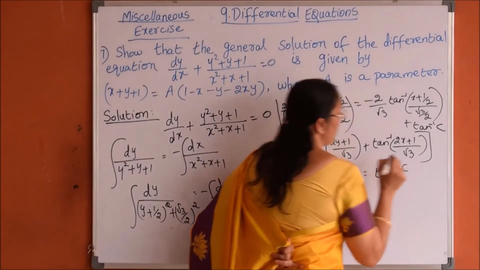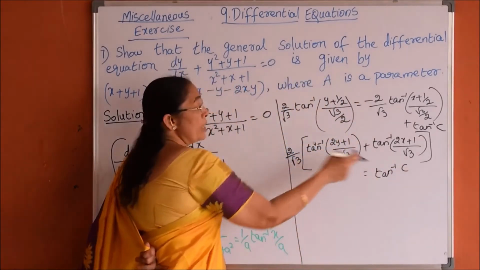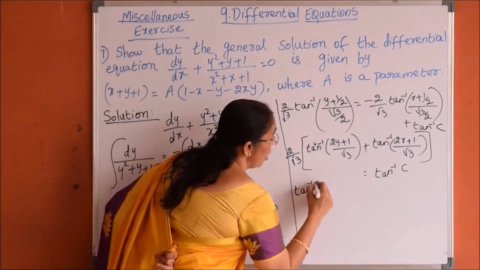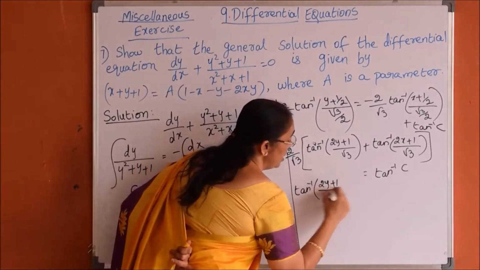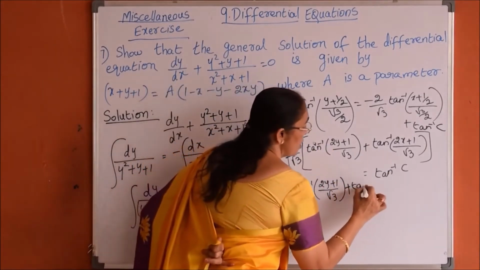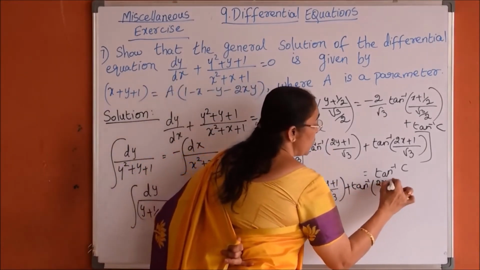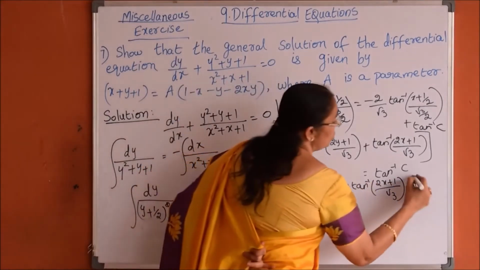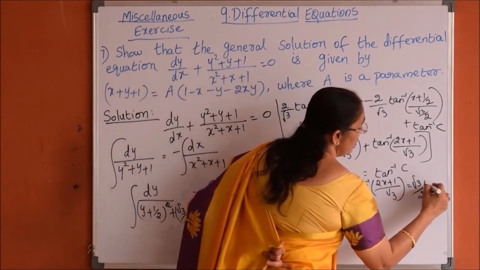of c. Now, let us take this 2 by root 3 to the right hand side. So, we will get tan inverse of 2y plus 1 divided by root 3 plus tan inverse of 2x plus 1 divided by root 3 is equal to root 3 by 2 of tan inverse of c.